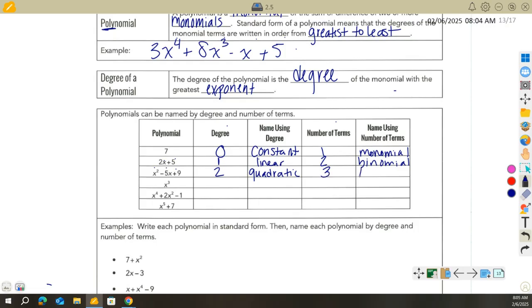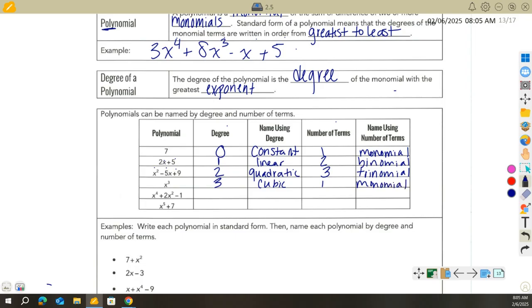And we call this a trinomial. Next, we have x to the cube. We know that degree is 3. This is called a cubic. We have 1 term, which we know is a monomial.